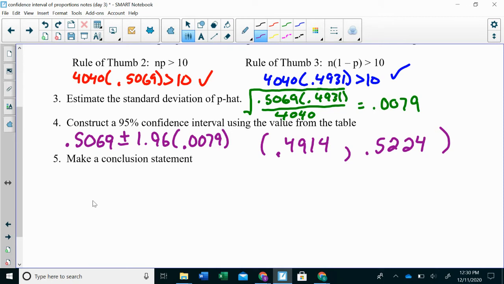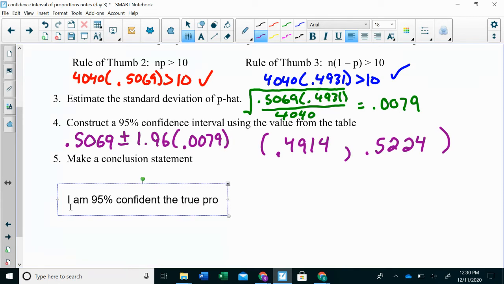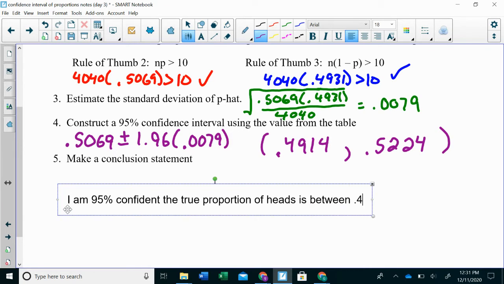All right, so all of that math work now allows me to make a conclusion statement. So my conclusion statement that I'm going to type out instead of writing it so it's easier for you to read it. I am 95% confident the true proportion of heads is between 0.4914, the lower limit, and 0.5224, the upper limit.